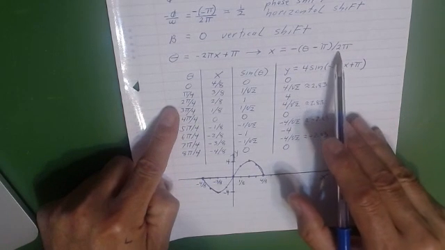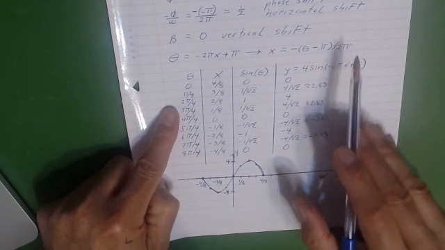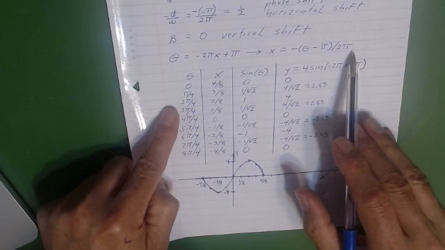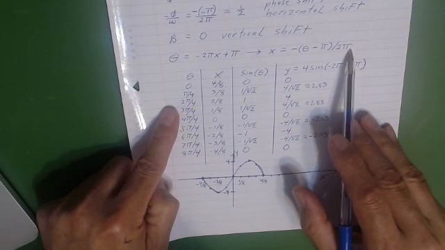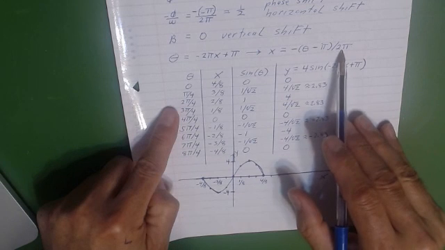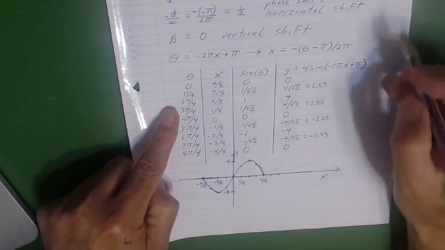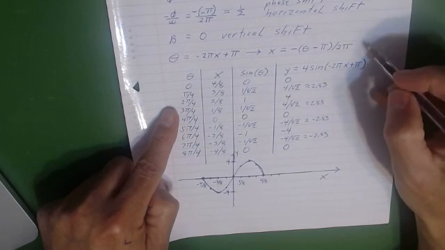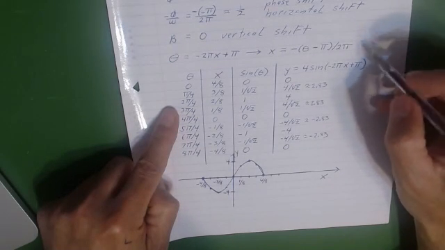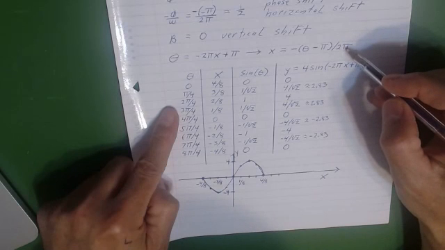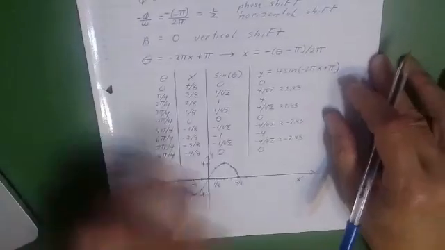Then we have to divide by 2 pi. So 3 pi over 4 divided by 2 pi ends up being, let's see, 3 pi over 4 over 2 pi. I have to write it down myself here.